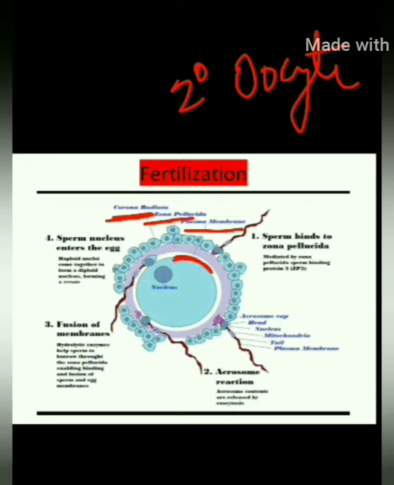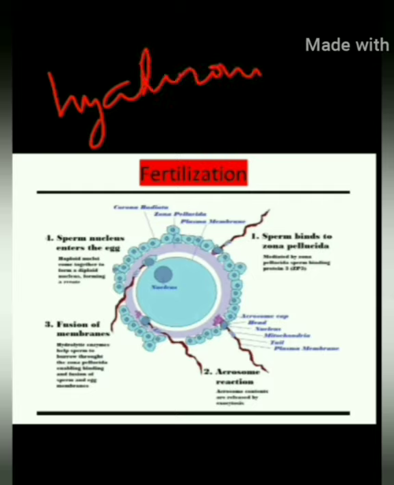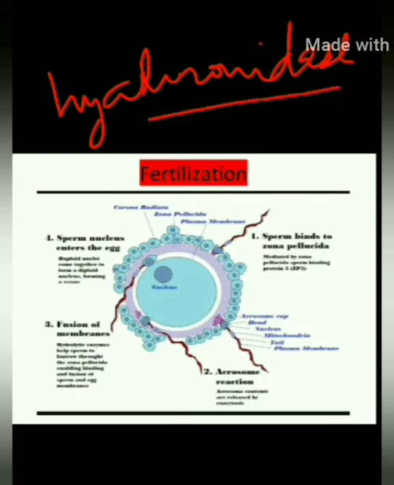First, how does it break the corona radiata? The sperm has the hyaluronidase enzyme. The cells of the corona radiata are linked with each other by an acid, hyaluronic acid. So this enzyme breaks down these cementing substances and breaks the corona radiata.